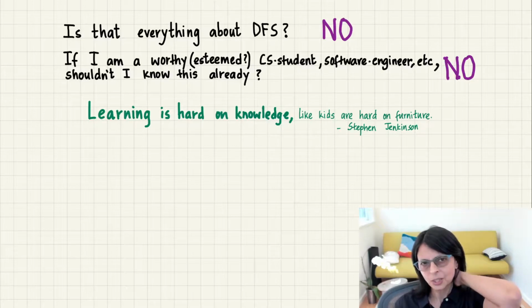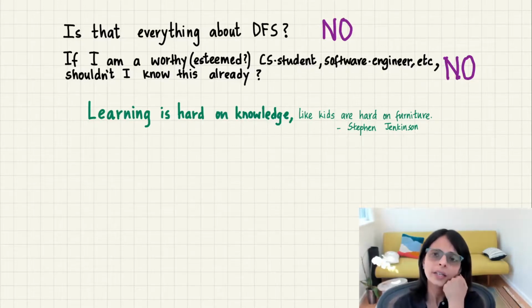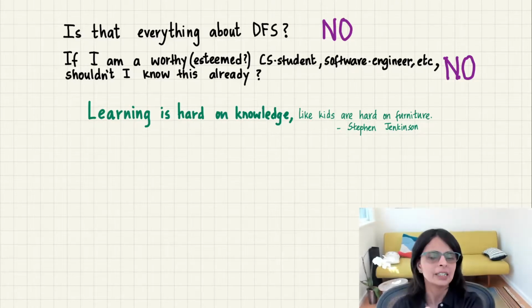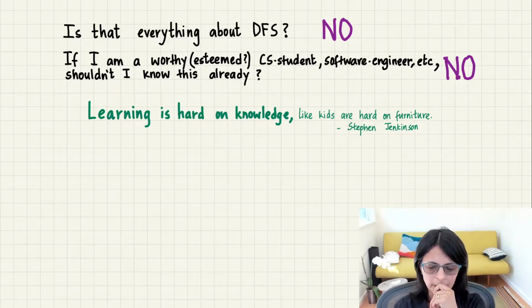We learn depth first search and many concepts in computer science. We learn them on our way somewhere else, on our way towards completing your course, on our way towards LeetCode coding if you're preparing for interviews, on our way to learning maybe something about graph algorithms.